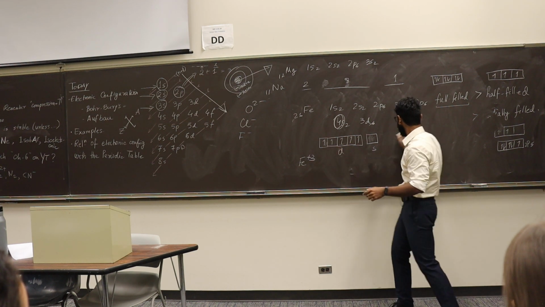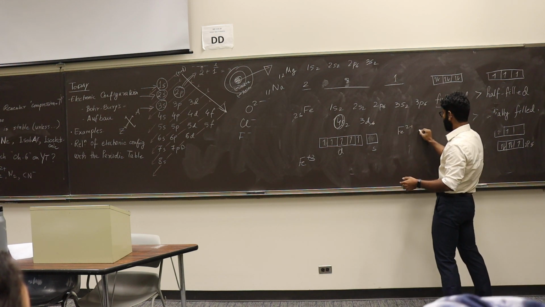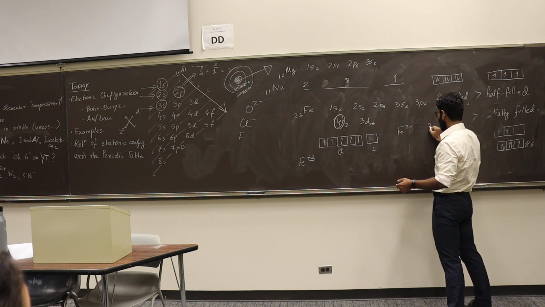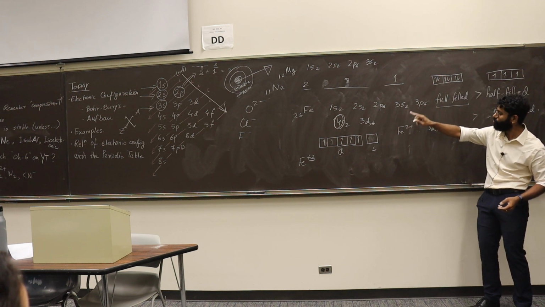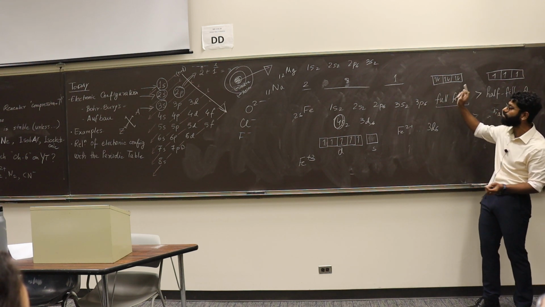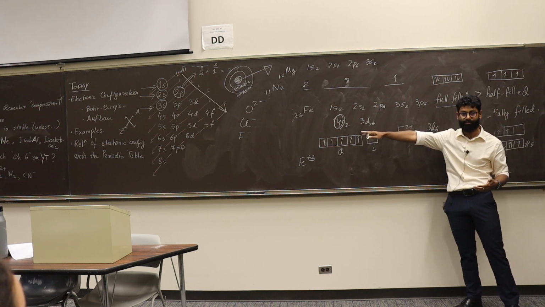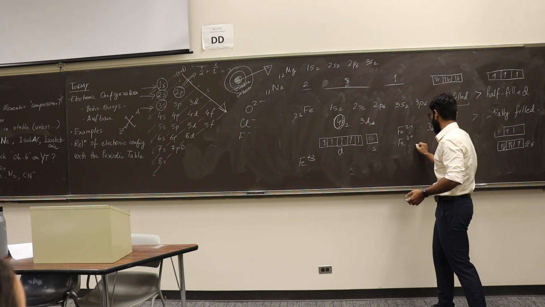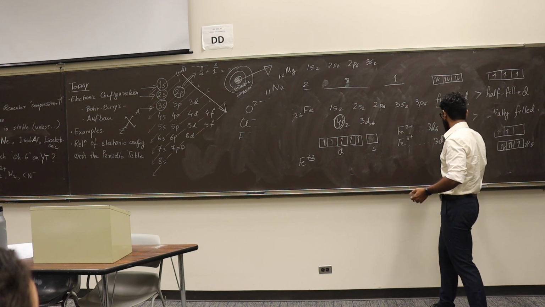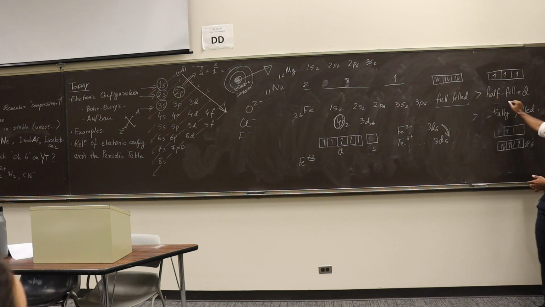Fe2+ was 1s2, 2s2, 2p6, 3s2, 3p6, 3d6, because 2 electrons were off from 4s2. Okay? It went from Fe2+ to Fe3+, and it became 3d5. This is making it more stable because of this.